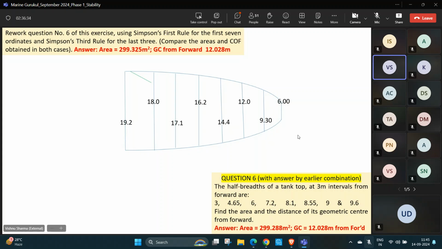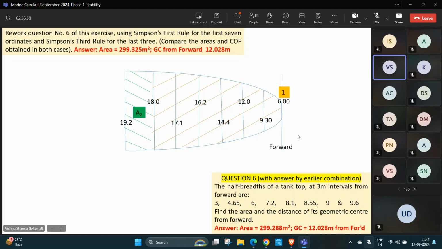Now what is the question saying? That calculate by rule 1 the area bound by first 7 ordinates. So when you start from 6, which is the 7th ordinate, guys? Count. 18. So he wants you to calculate this area.